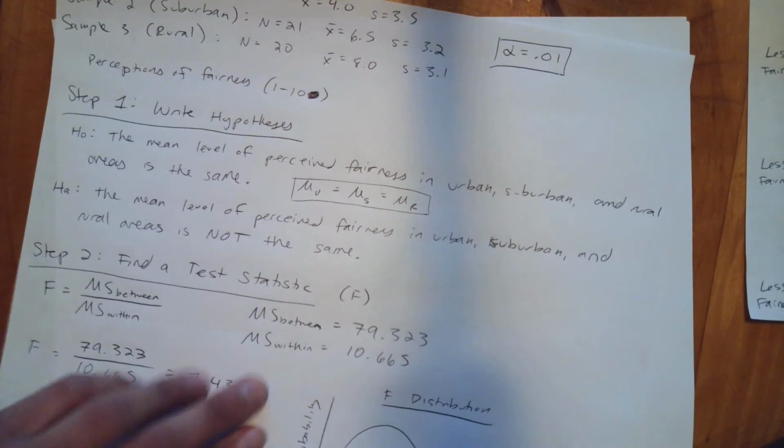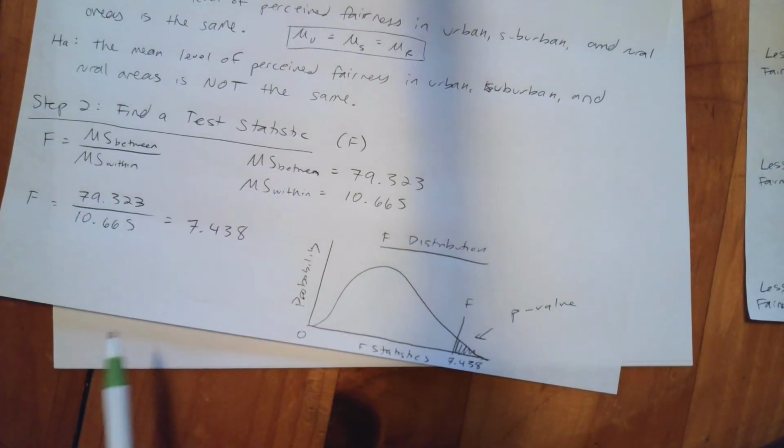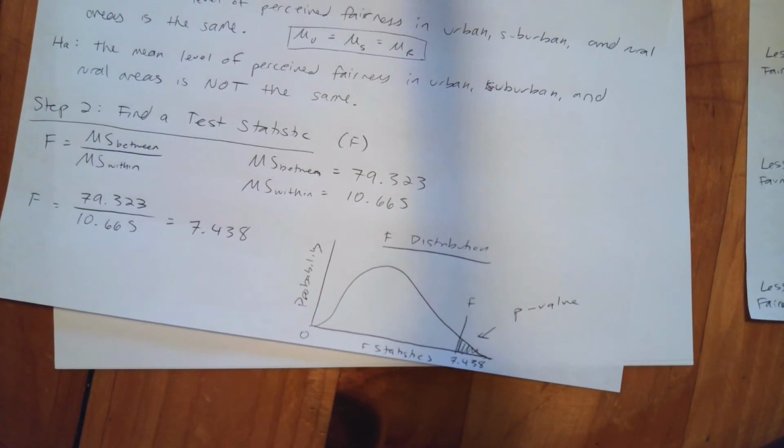As a quick note, unlike the t-distribution where you're looking at the area in both tails, an F distribution starts at 0, it has no negative side, so we're only interested in the area that is beyond the F statistic that you got going in a positive direction. So we only want to know the probability of getting an F statistic as large or larger than the one we got. We're not worried about considering the area under the curve on both sides when we're doing an analysis of variance test.